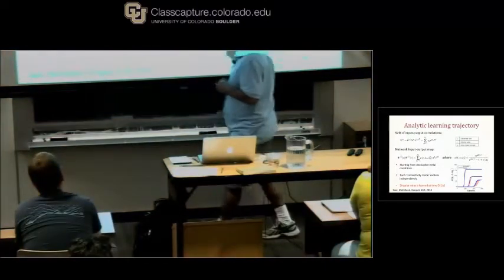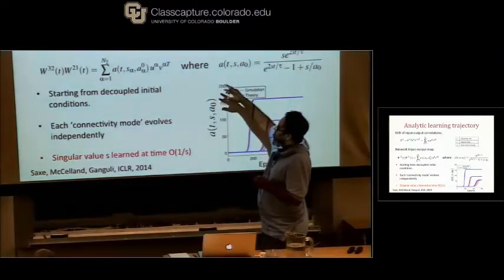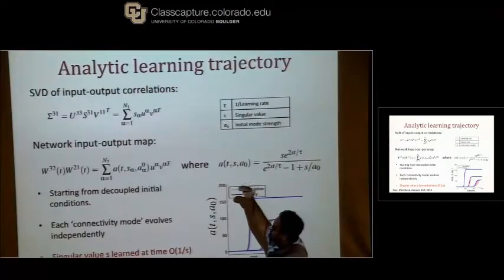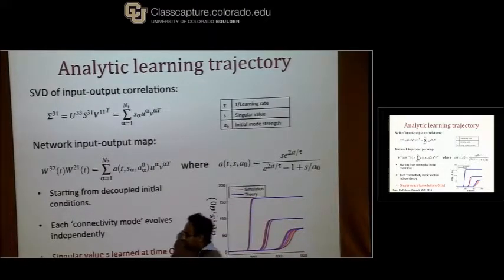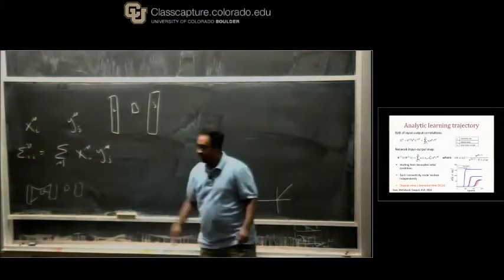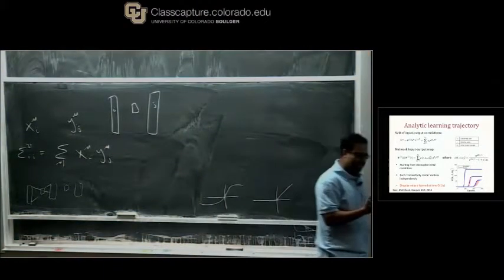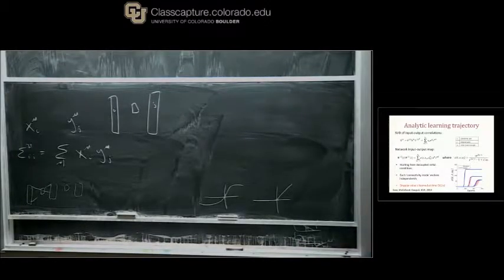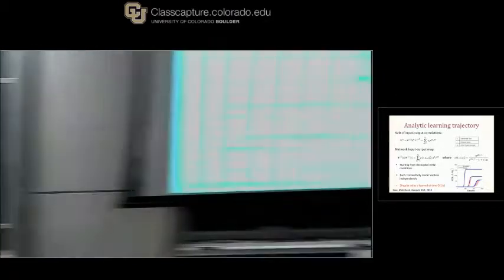It turns out that if you truncate the singular value decomposition to a finite set of singular values, if you keep R singular values, that's the best rank R approximation to this entire matrix in the sense of mean squared error. So in some sense, truncating the singular value decomposition is the best way to approximate the input-output correlation matrix.